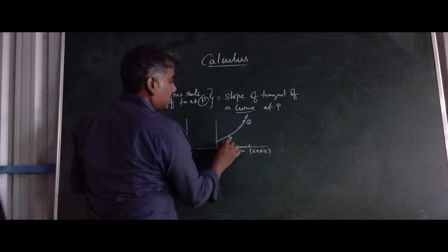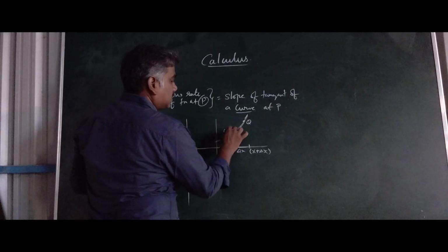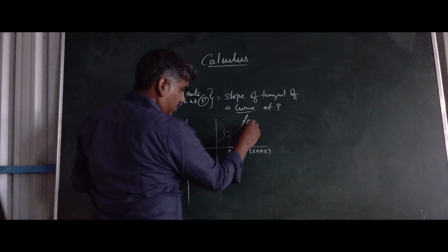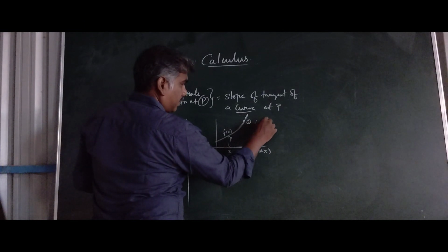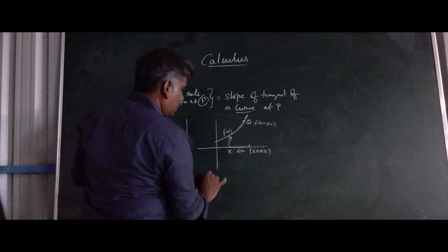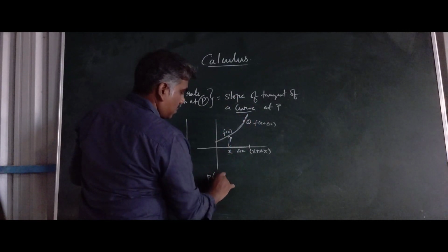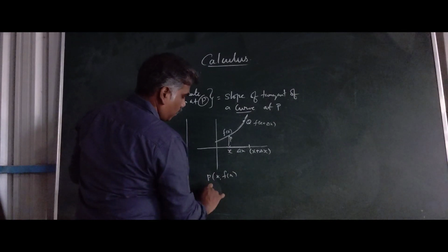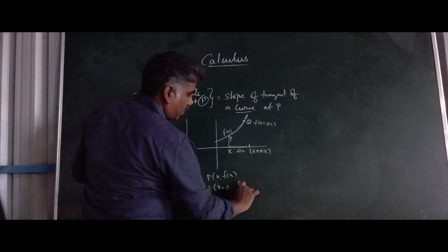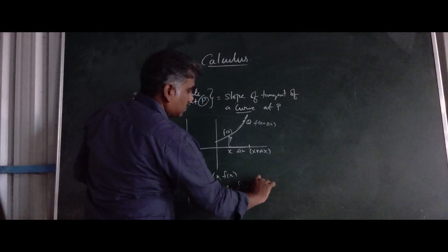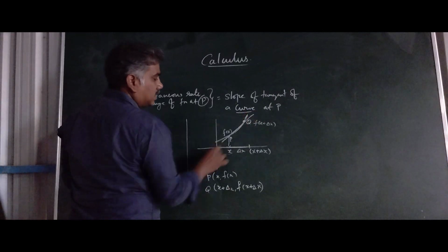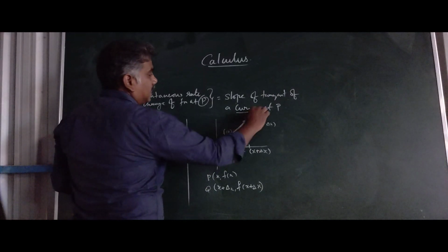So what is the function value here? This will be f of x, and this will be f of x plus del x. So the point P will be x comma f of x, and Q will be x plus del x comma f of x plus del x. Now if you draw the line through these 2 points, this line PQ is called a secant.